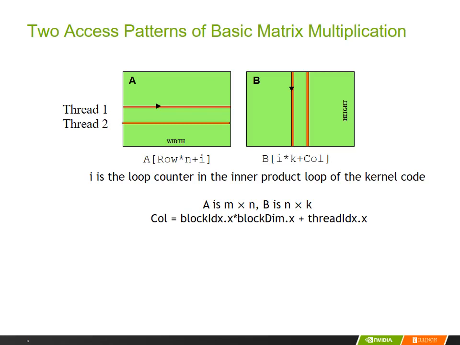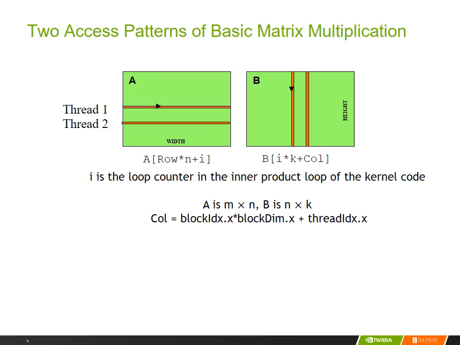We see that for matrix A, the neighboring threads will be accessing neighboring rows of A, and for matrix B, the neighboring threads will be accessing neighboring columns of B.